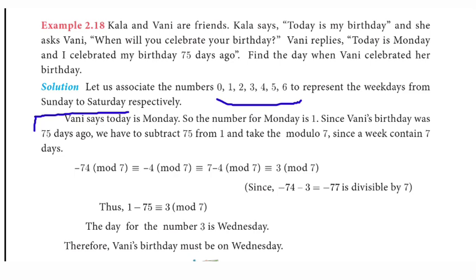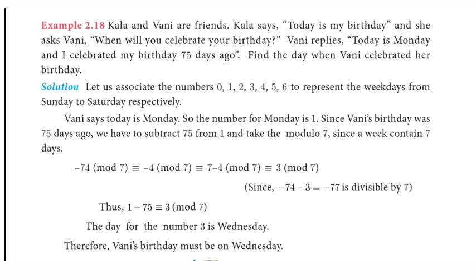Vani says today is Monday, so the number for Monday is 1. Since Vani's birthday was 75 days ago, we have to subtract 75 from 1. Ago means subtract the value and take modulo 7, since a week contains 7 days.